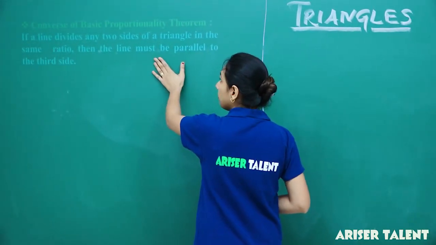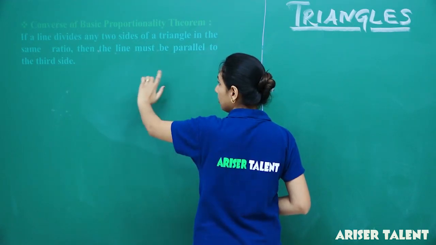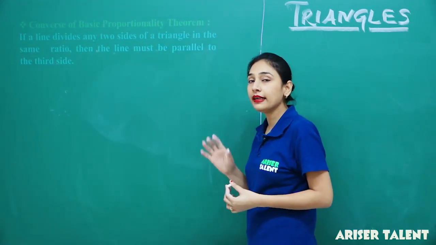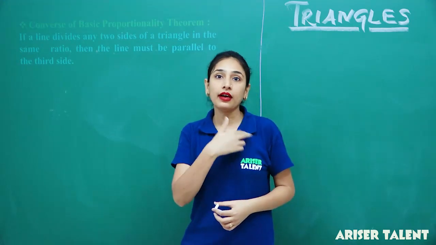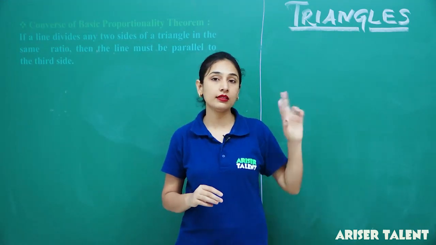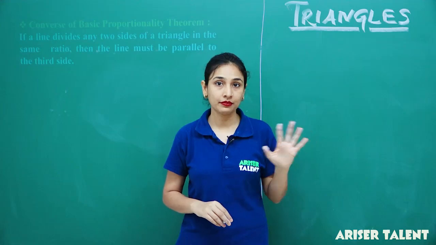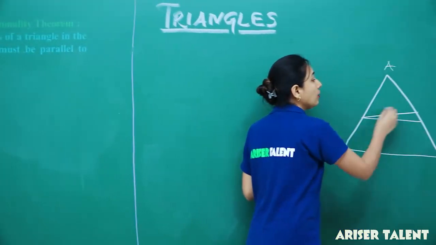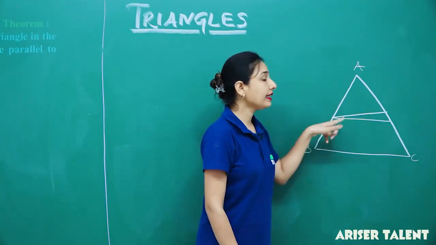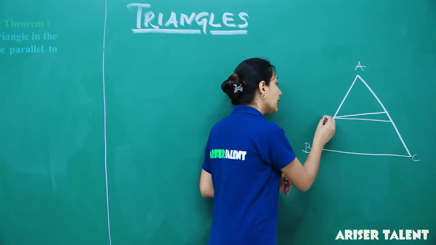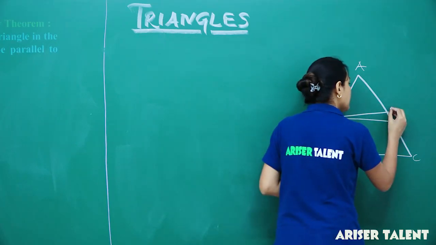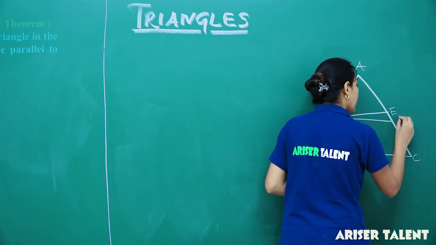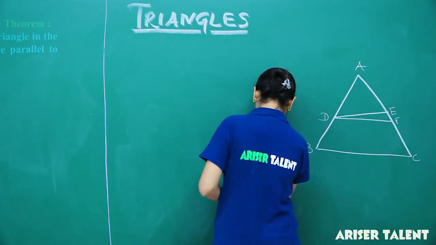It is not compulsory that the line is parallel. We are assuming that the line that divides these two sides in the same ratio is not parallel. So, this line is not parallel. Let me write it D, E and this as F.